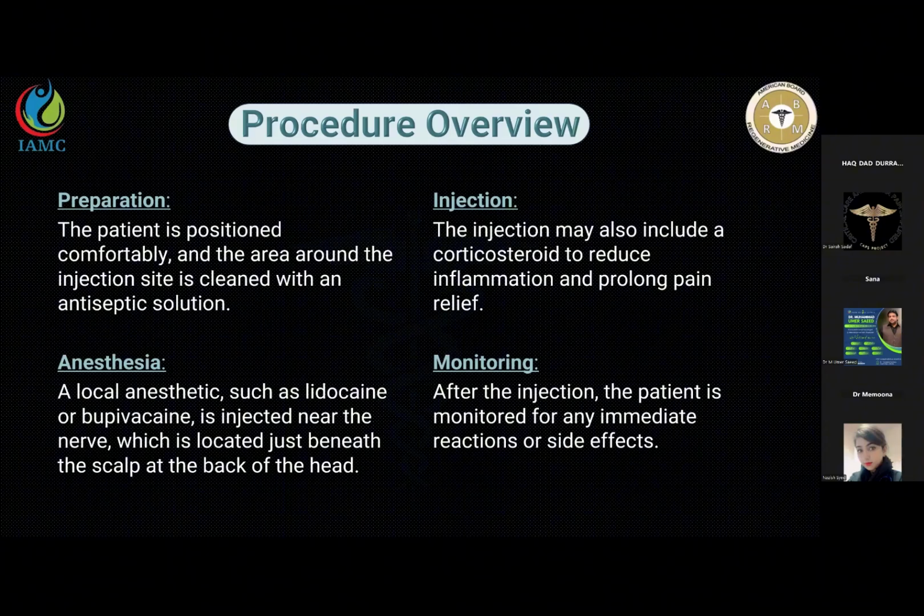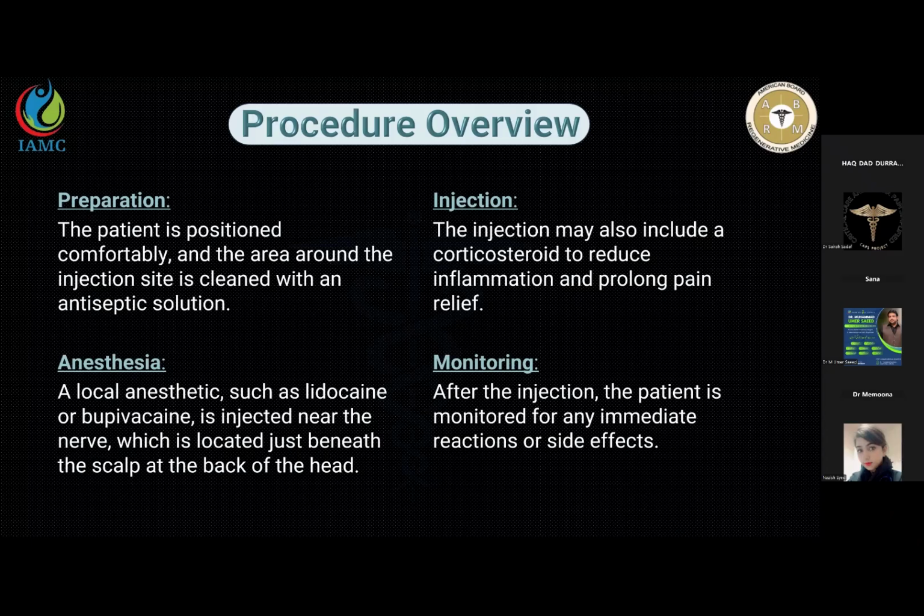So, the effectiveness and duration of the block. The effectiveness of the occipital nerve block can vary among individuals. Many patients experience significant pain relief, which can last from a few days to several weeks. In some cases, the procedure may need to be repeated for continuous relief.